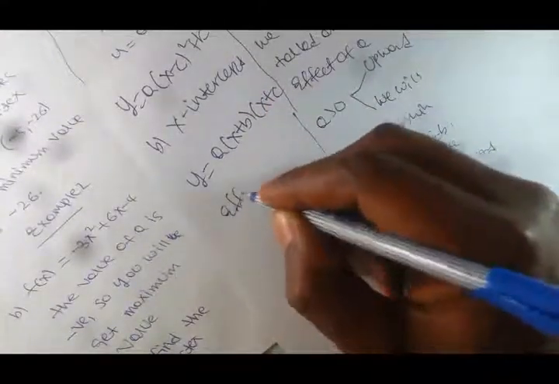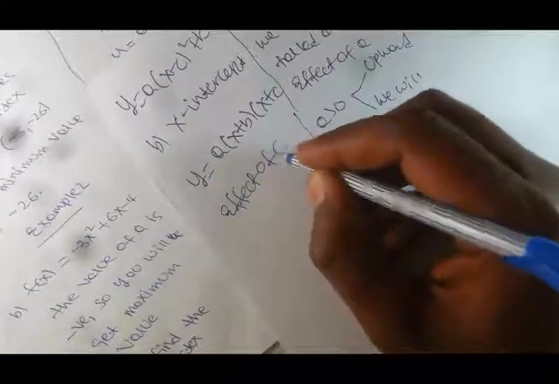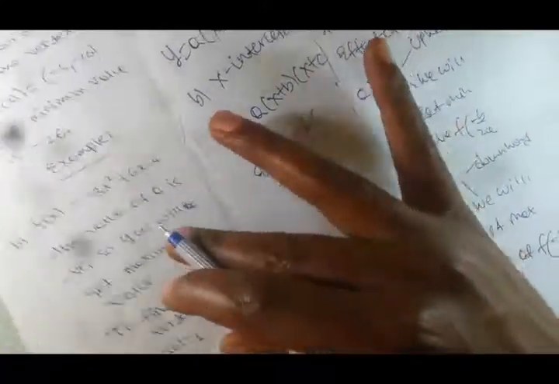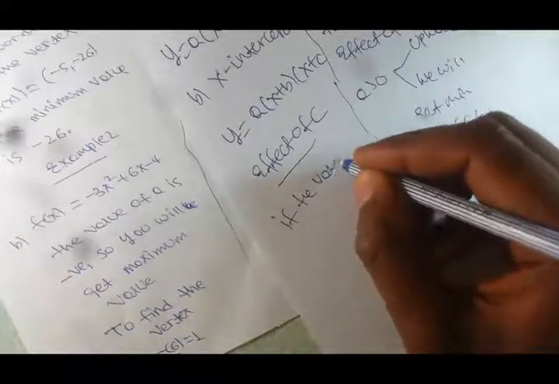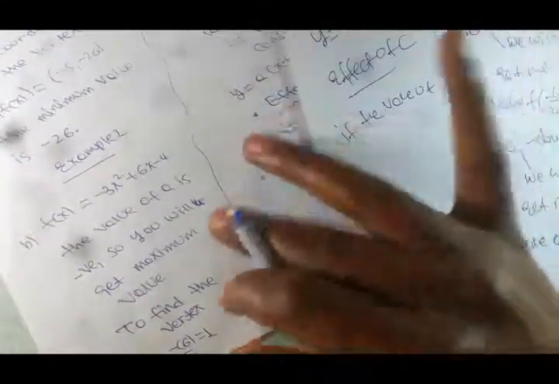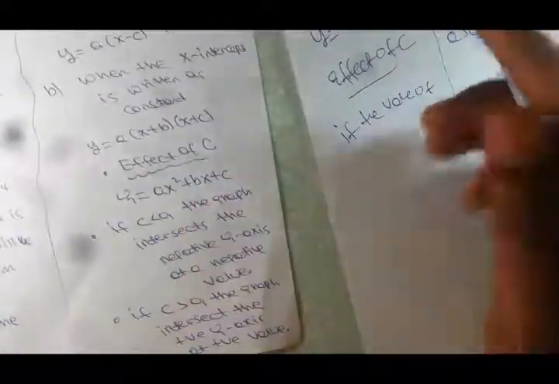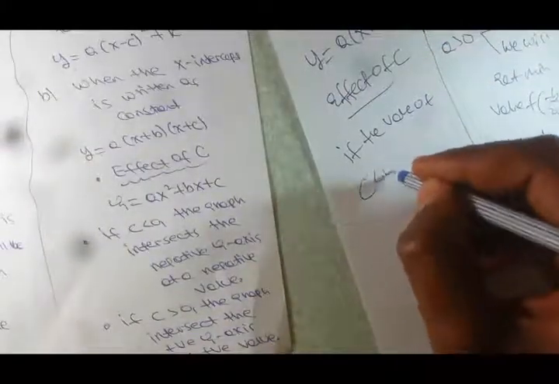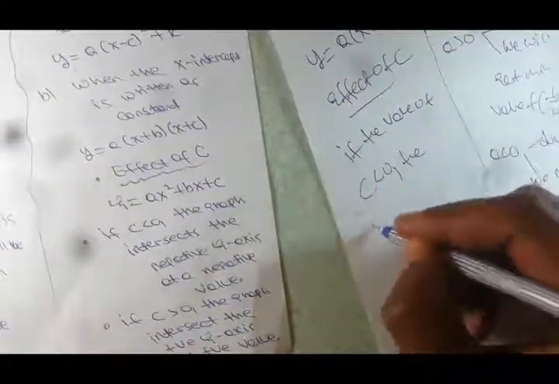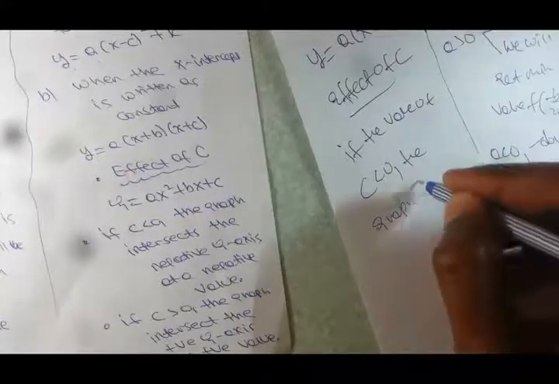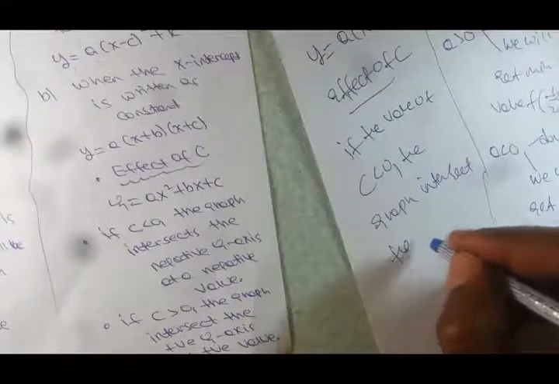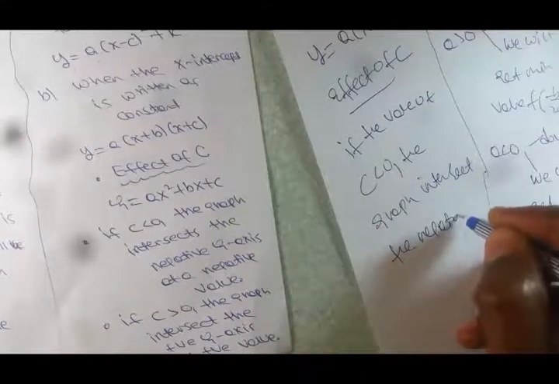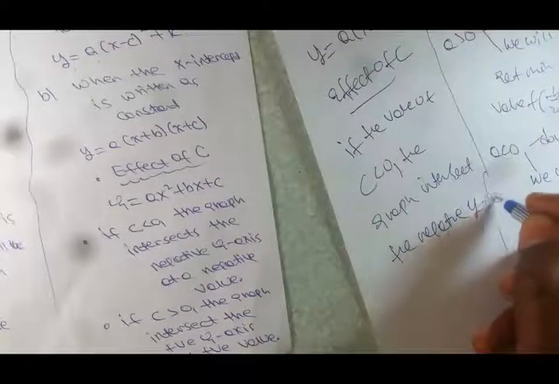And now we are going to talk about the effect of c. If the value of c is less than 0, the graph intersects the negative y-axis.